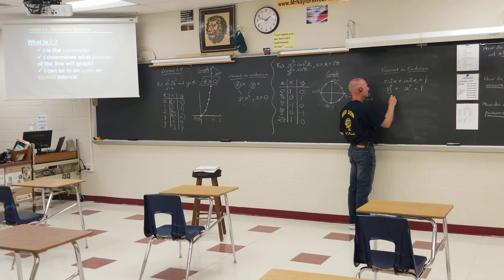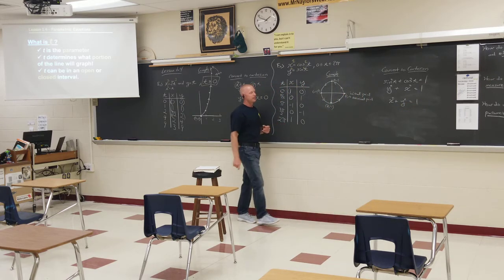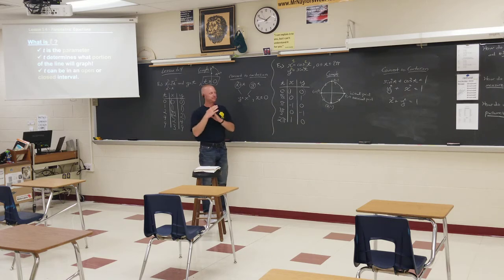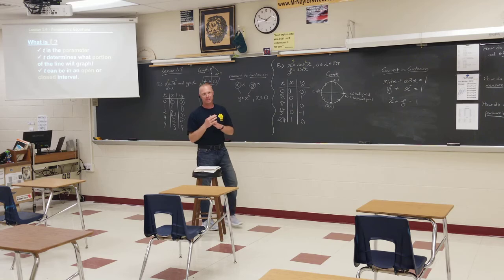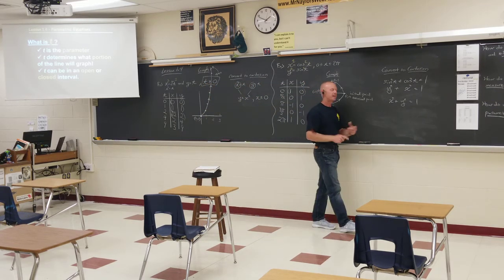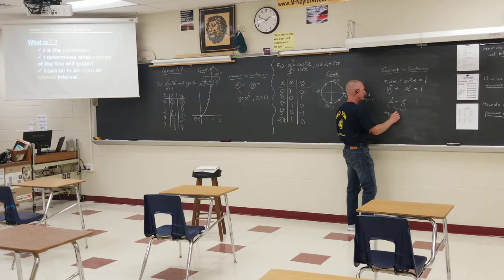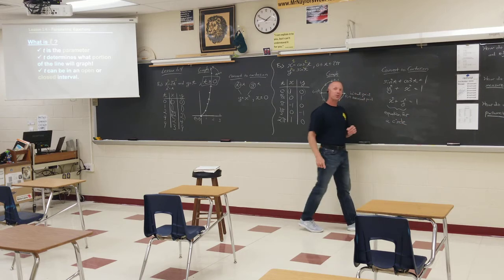Or often you'll see it written with x first. We can say that x squared plus y squared equals 1. Now, a little time out here, because this is a lot of math for the first day, but it's pretty neat, isn't it? Because x squared plus y squared is the equation for what? For a circle.